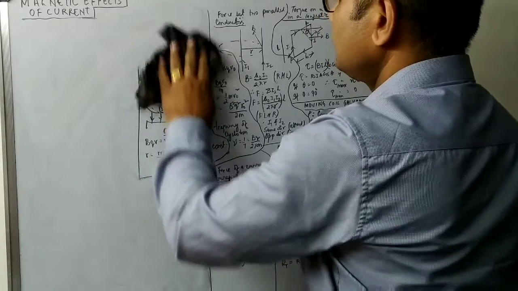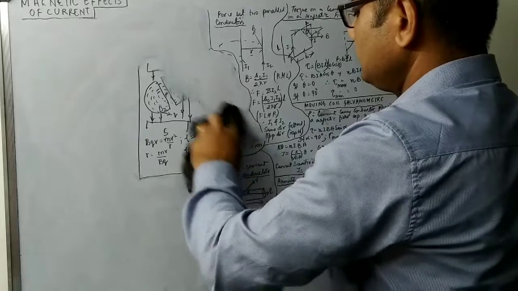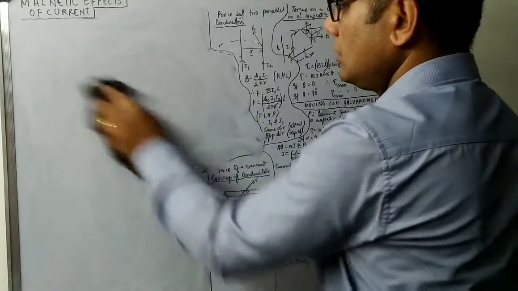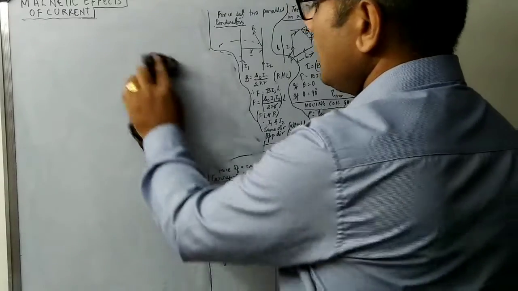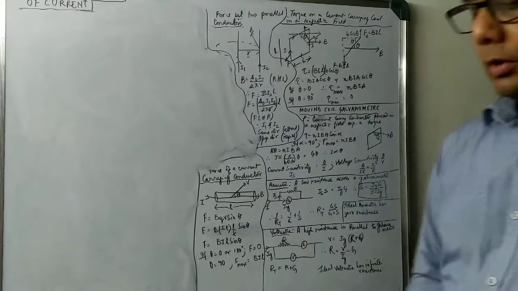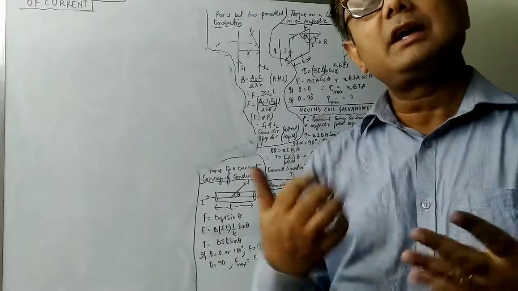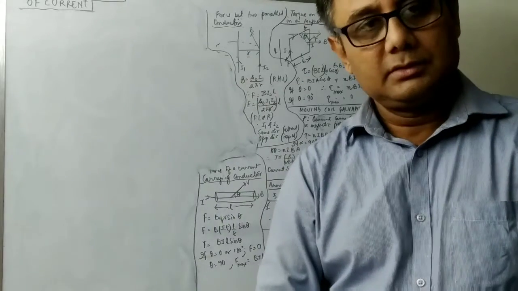Lorentz force was the combination of the electric and the magnetic field. Then we studied the cyclotron. We understood how it behaves. The basic function of the cyclotron was that it makes the charged particle move with a maximum velocity.